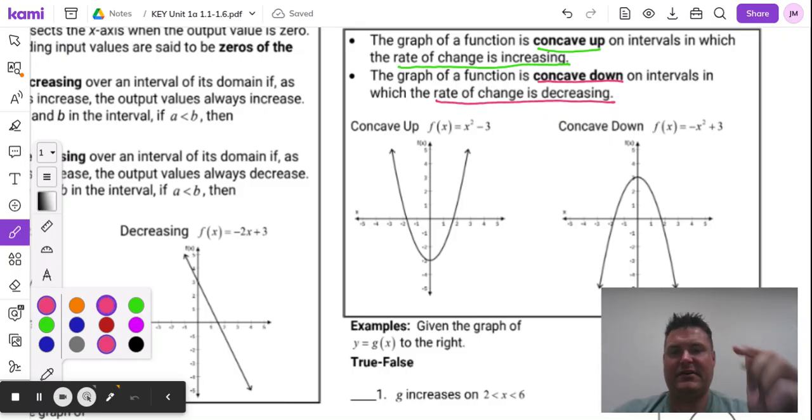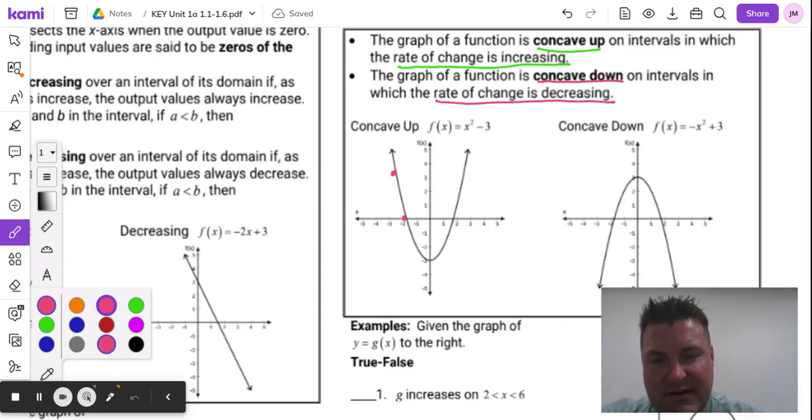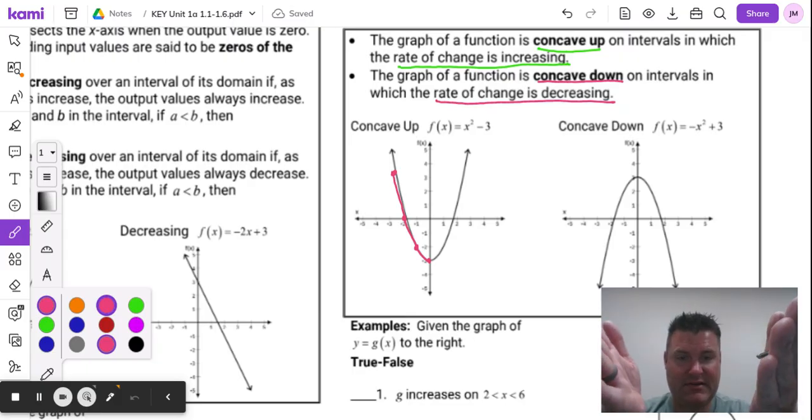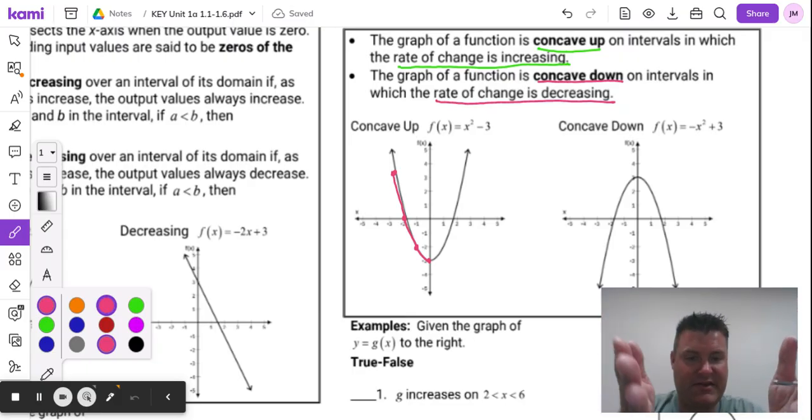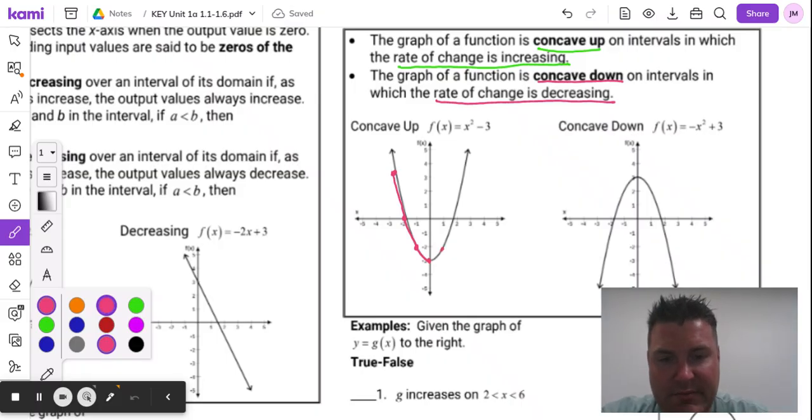What that means is if I were to draw two lines, from -3 to -2, and then from -2 to -1, that slope would be getting larger, because it's very negative for the first segment, then somewhat negative on the second segment, less negative on the next segment. And then from 0 to 1, we're going more positive. Essentially, the slope gets steeper and steeper as we go through here. So that means we're concave up.